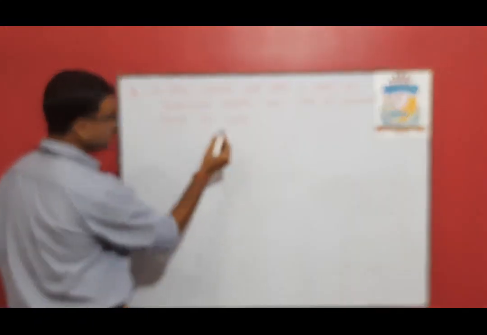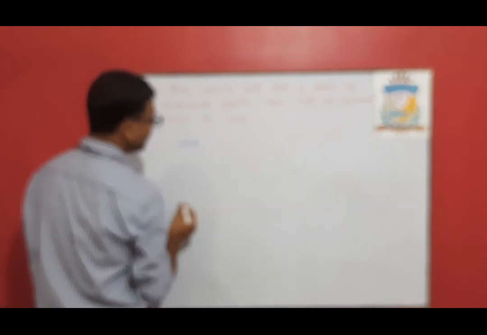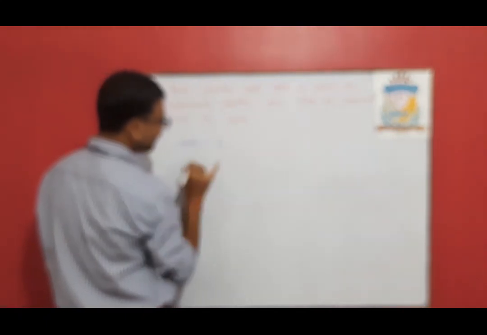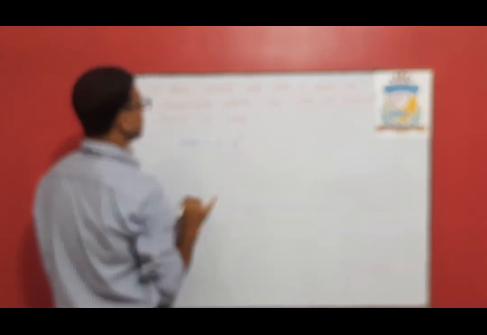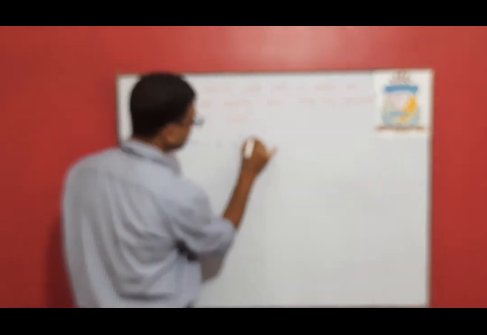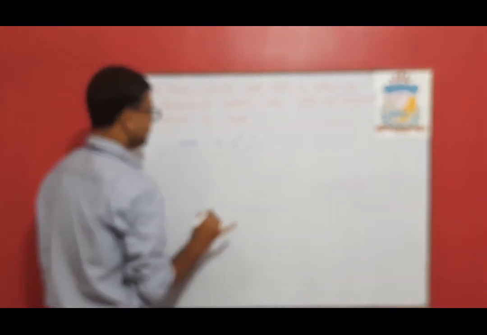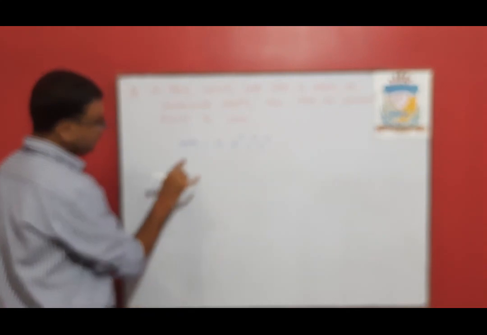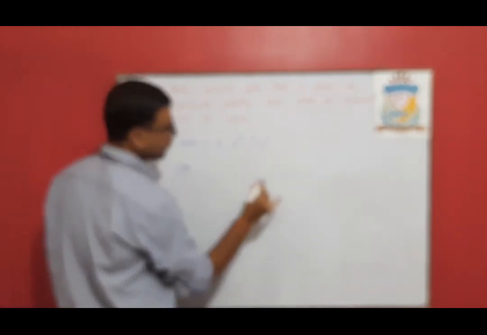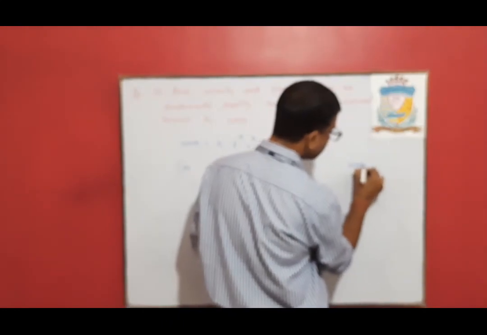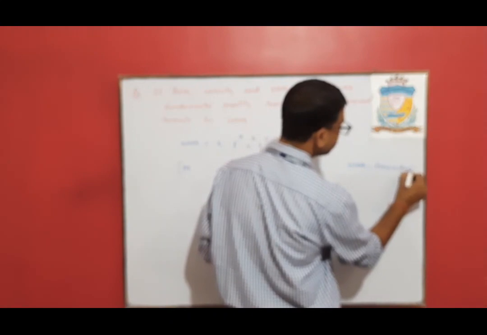That means this work can be written as K, that is proportionality constant, force raised to the power A, velocity raised to the power B, and time T raised to the power C. Clear? We know that the dimensional formula for work can be written as force into displacement.